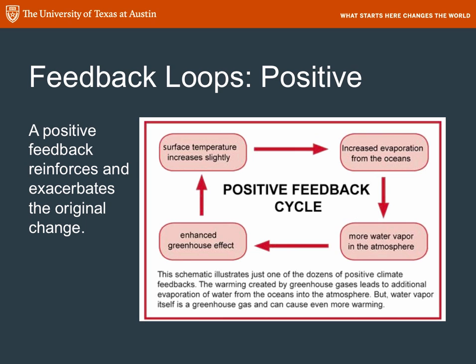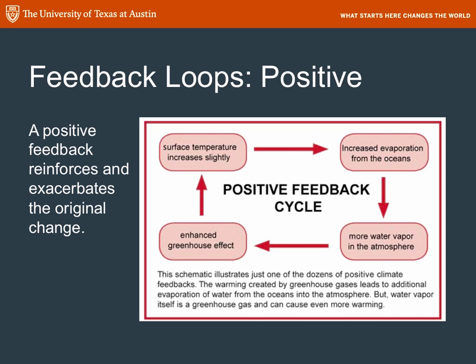You increase temperature a little bit, and that increases evaporation in the oceans, puts more water vapor in the atmosphere. Water is a greenhouse gas, so we have an enhanced greenhouse effect, which helps increase temperature slightly, which puts more water in the atmosphere, which leads to an enhanced greenhouse effect. So a positive feedback loop.